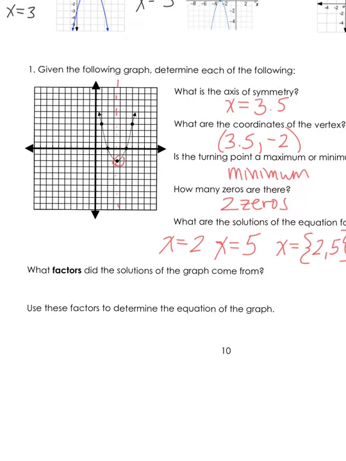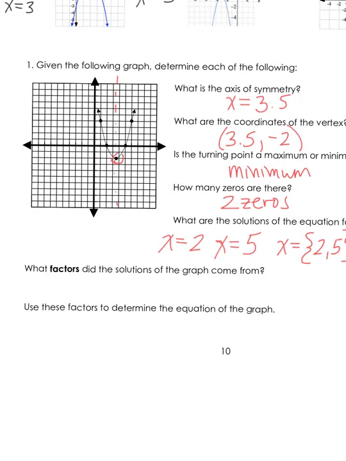All right, some follow-up questions. What factors did the solution of the graph come from? So, think back to solving. I was mentioning solving at the top of the page.